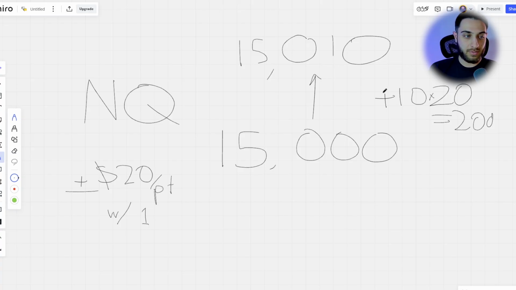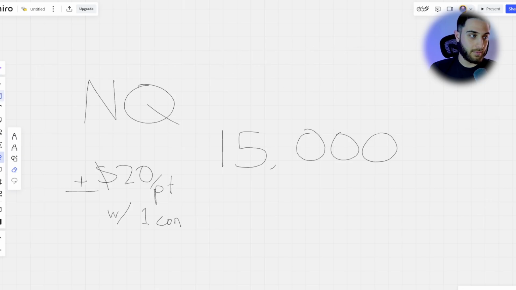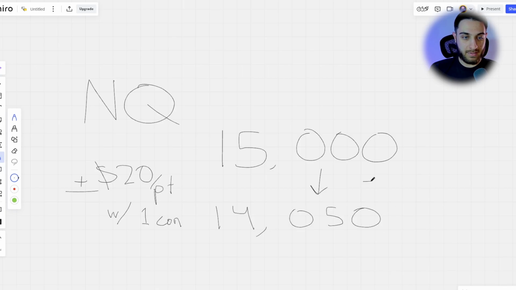Now the same goes for the opposite. If the NASDAQ, let's get the pen tool, if the NASDAQ went down to 14,950, that is a drop of 50 points, which honestly isn't uncommon to see, because you can see the NASDAQ gain or drop a few hundred points per day on average, which is a lot of points.